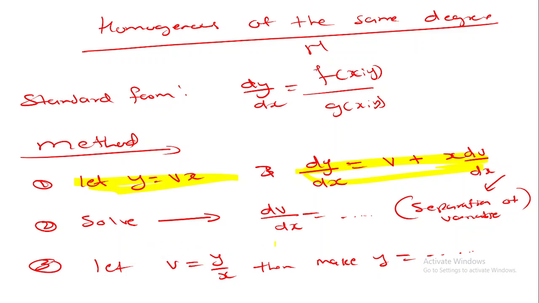After solving, you're going to end up with separation of variable, and then you separate the variables. After separating the variables, you solve, and at the end of the day, you make v the subject of the formula, then after substituting v equals y over x, you make y the subject of the formula.